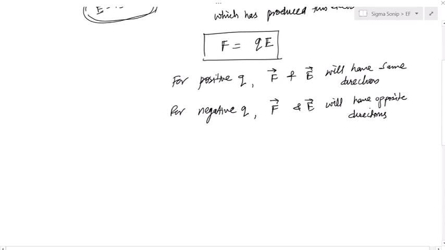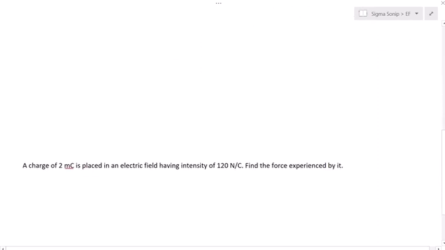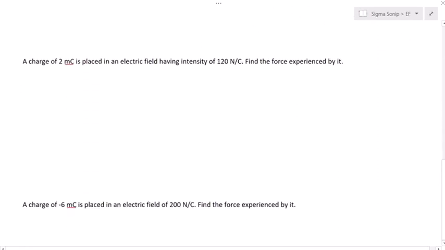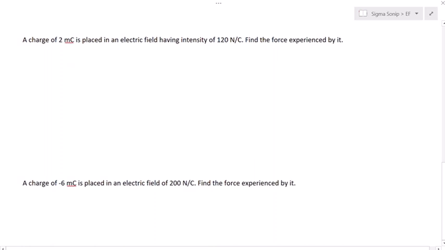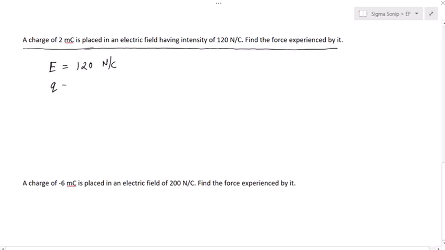Let's look at 2 simple examples here. I had to scroll so much here. So this is the first example. A charge of 2 millicoulomb is placed in an electric field having intensity of 120 Newton per Coulomb. So E is given as 120 Newton per Coulomb, and Q is placed in this electric field. This is 2 times 10 to the power minus 3 Coulomb.